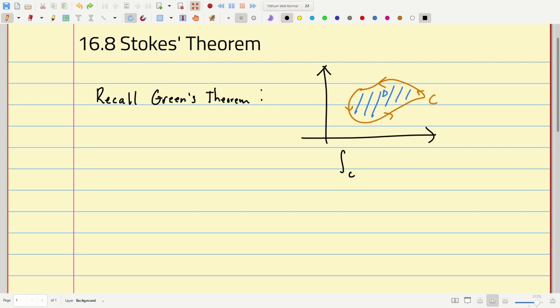the closed path integral around the boundary was equal to the, we'll write it using the vector notation.